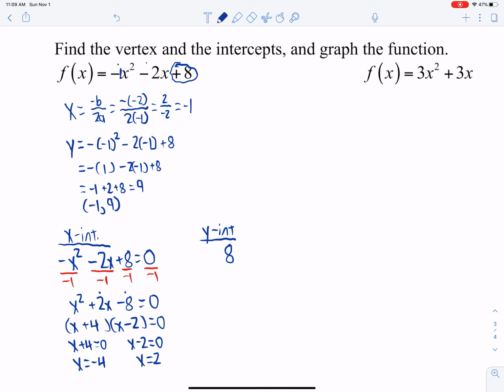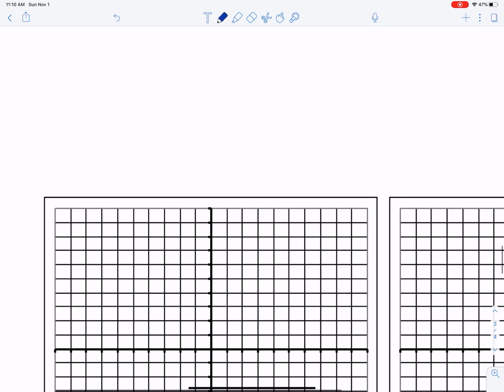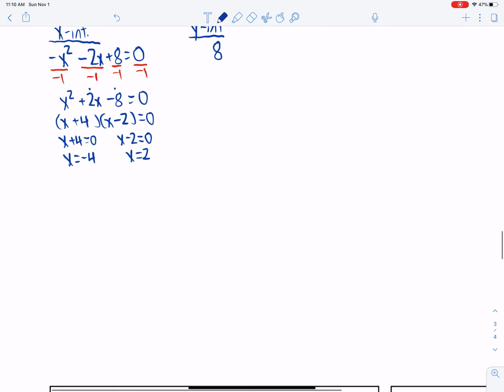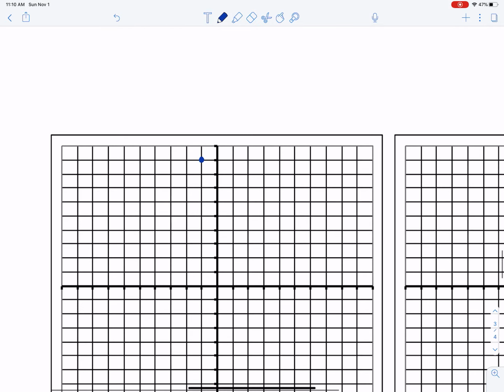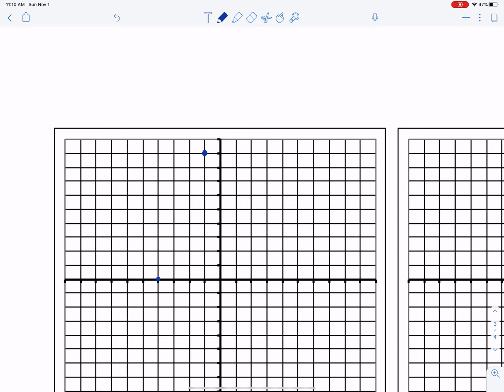So let's put these on our graph. We have our vertex at negative 1, 9. So 1 to the left and up 9. We have our x-intercepts, which are points on the x-axis, at negative 4 and positive 2.